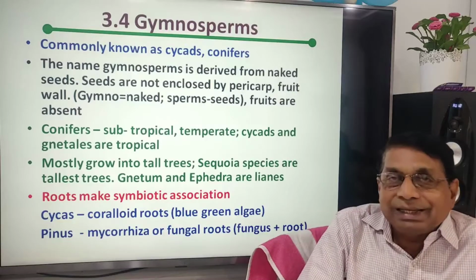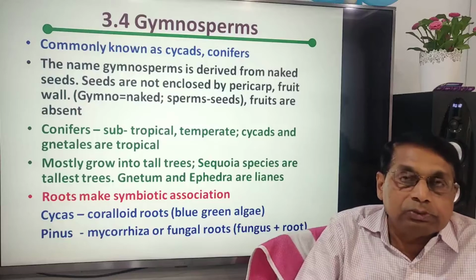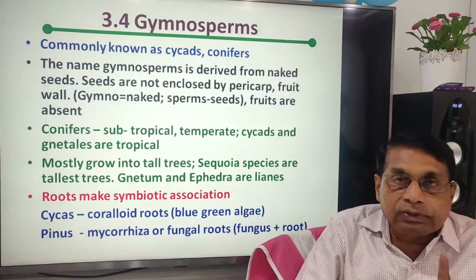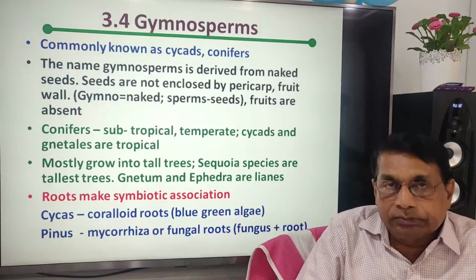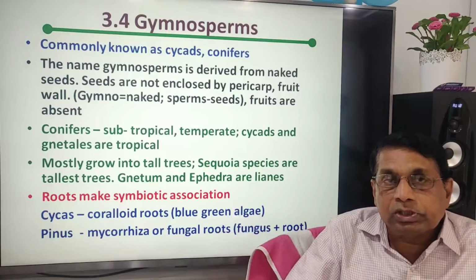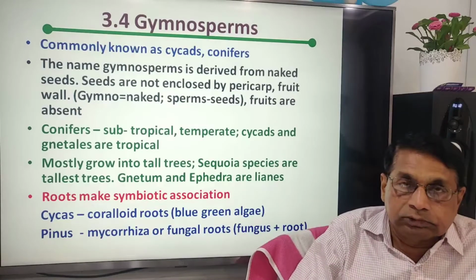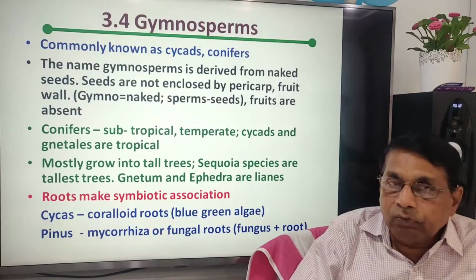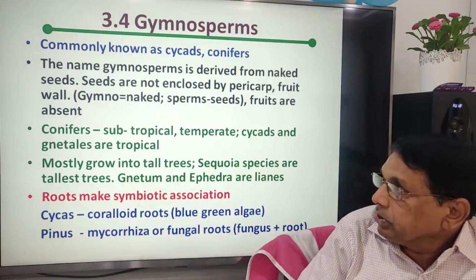Fruits are absent. This is the first major difference between gymnosperms and angiosperms. In gymnosperms, seeds are naked; angiosperm seeds are enclosed by a fruit wall, the pericarp. In gymnosperms, there is no fruit. In angiosperms, there is a fruit.